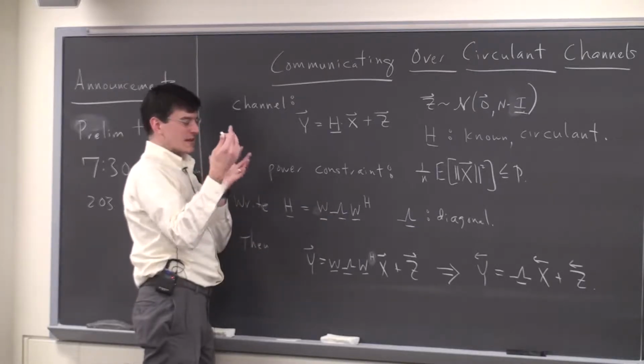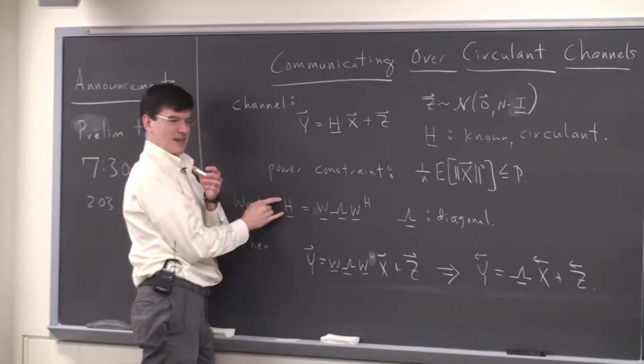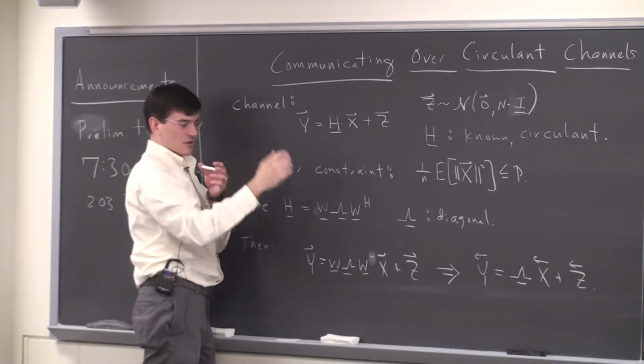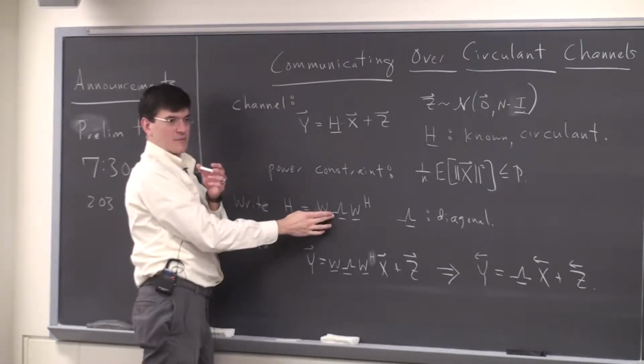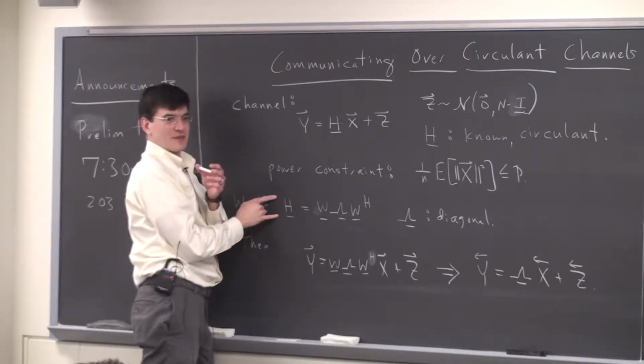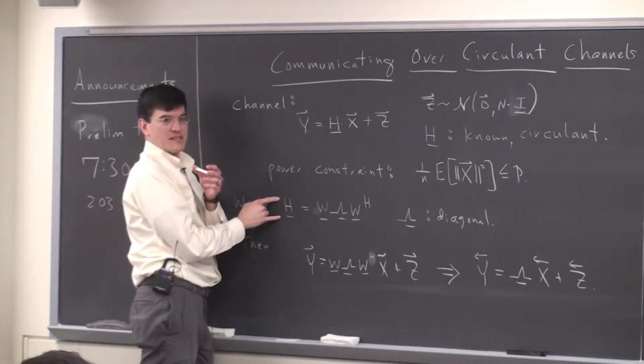In signals and systems speak, it's the Fourier transform of the impulse response of H. So take the leftmost column of H, that's the impulse response, take the DFT of that, and those entries, scaled, comprise the diagonal entries of Lambda. So we have this decomposition here. This is an important decomposition. In particular, if I stare at this, what can I say about the eigenvectors of H?